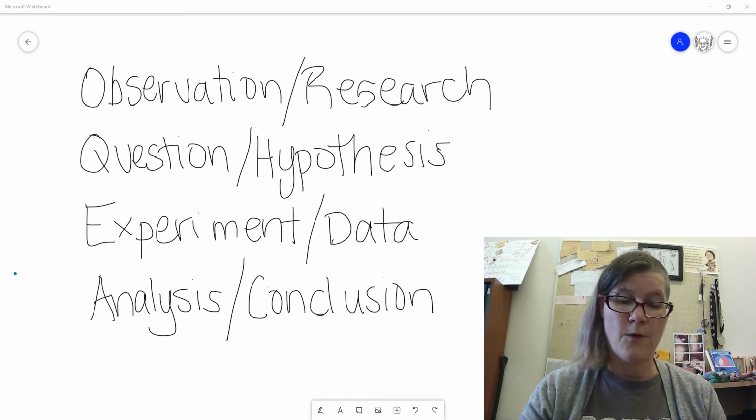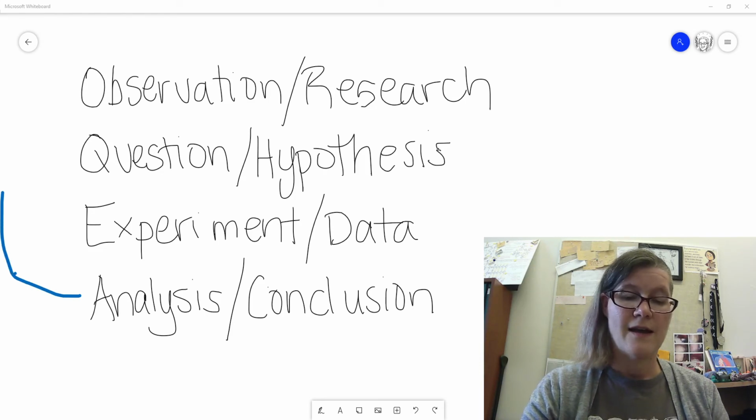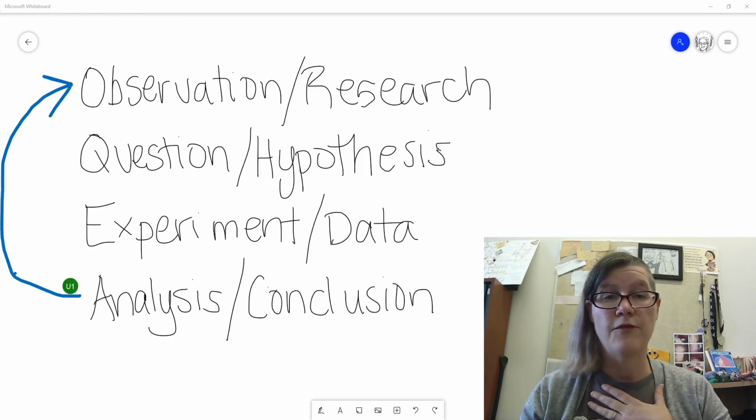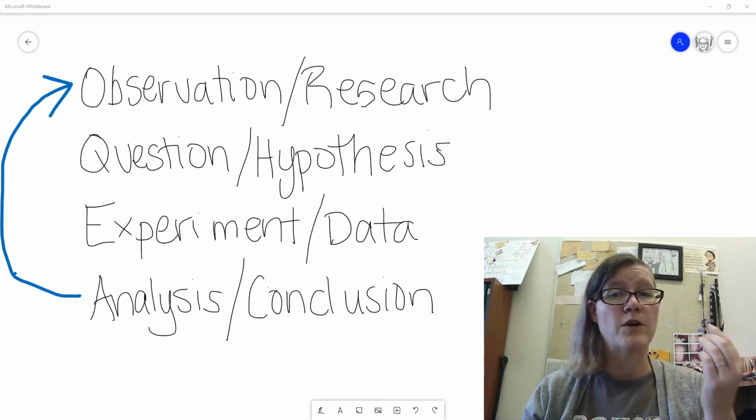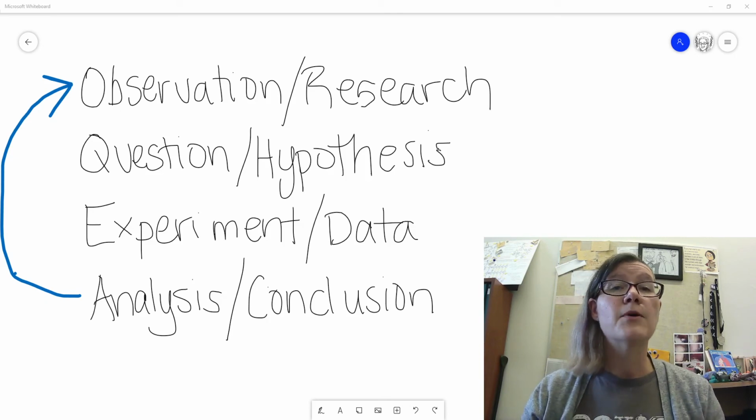And so therefore, I'm going to take my analysis and my conclusion and either use them myself and say, hey, well, what else can I now observe from this to lead me to a new question? Which part of my conclusion makes me go, I wonder if again, or put that information out into the world so somebody else can pick that up and say, I wonder with. And so this is really the process of science.